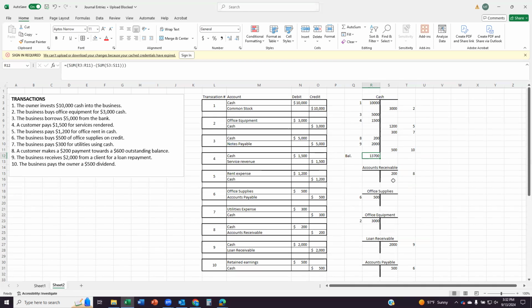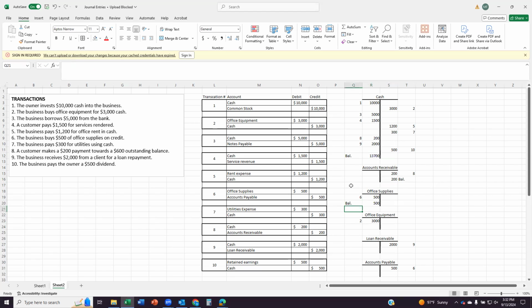With the rest of these, because there was only one transaction, our balance will just be there. I don't have to do any adding or subtracting. So accounts receivable has a credit balance of 200, which is unusual. So it'd be something we'd check out, but that's where we're at on this one.